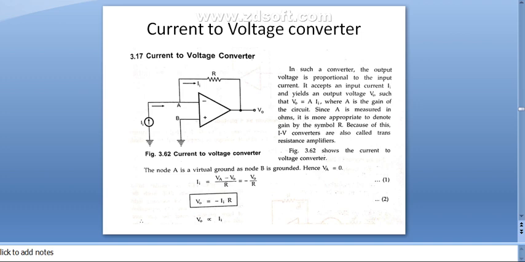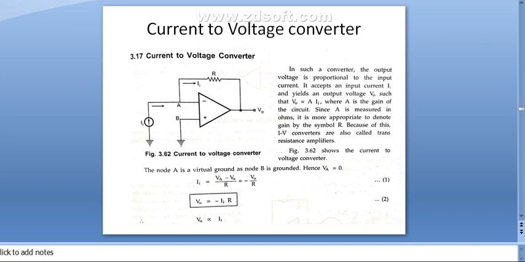Here A is the gain of the circuit. IV converters, or current to voltage converters, are also called trans resistance amplifiers.